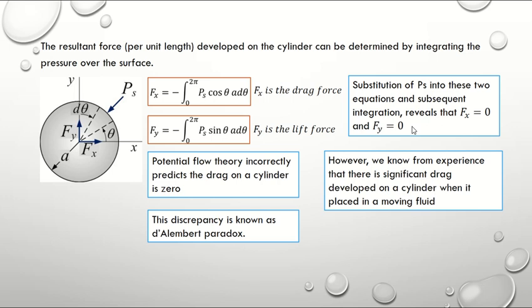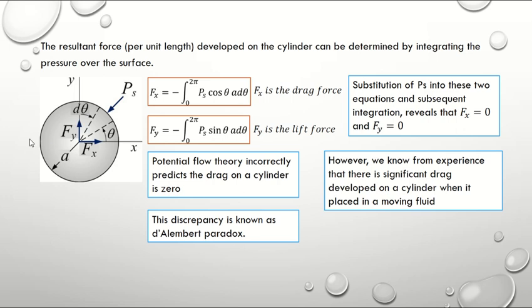So basically we can conclude that the potential flow theory incorrectly predicts the drag on a cylinder, where the result obtained is 0. However, we know from experience that there is significant drag developed on a cylinder when it is placed in a moving fluid. Okay, so as you can see in the previous video, there is flow separation, and then there is a wake region.